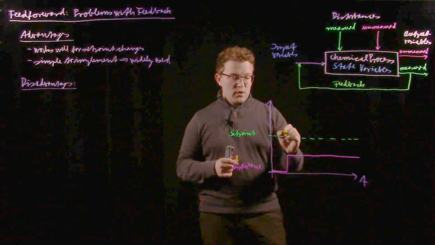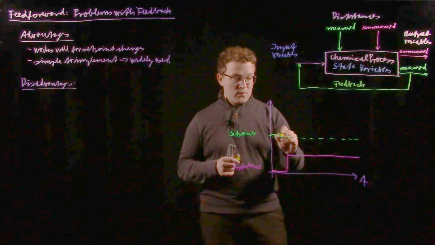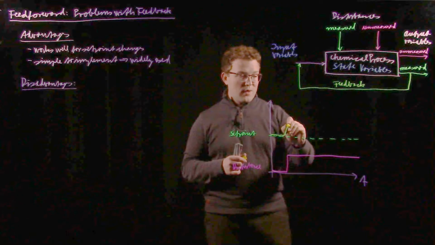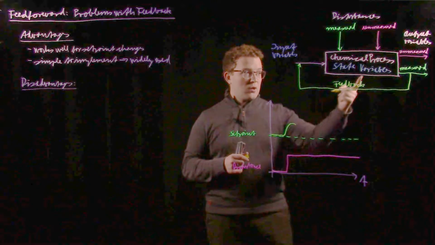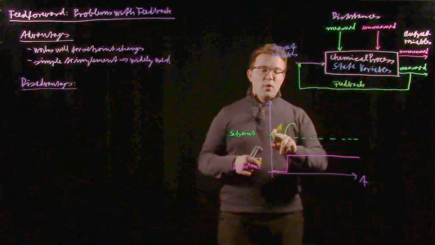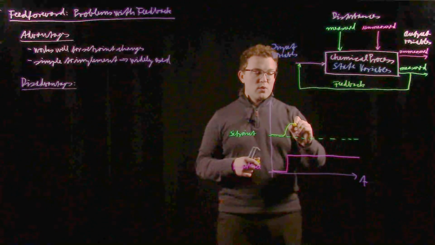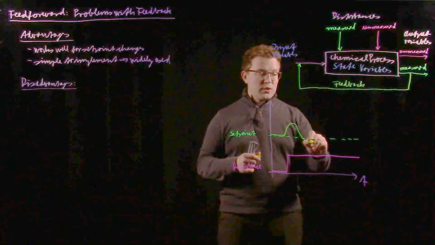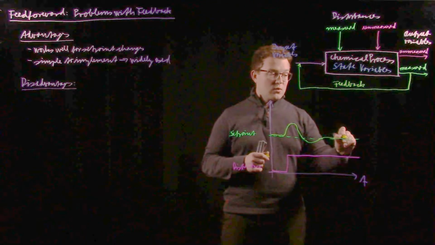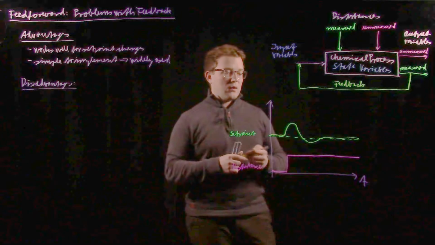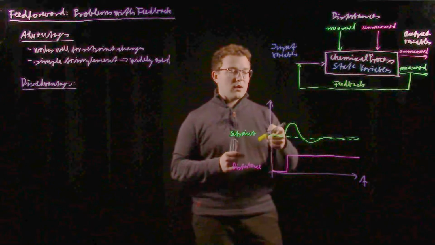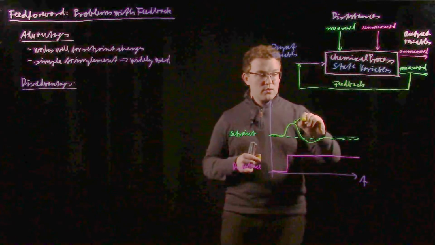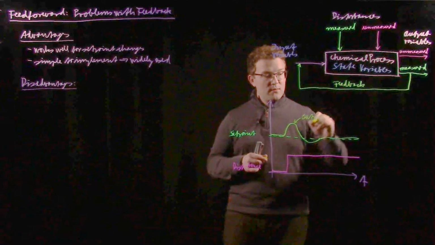At the beginning it would be at our set point, and then when the disturbance starts, it would go up in value, then the feedback control would realize, oh no, we are leaving our set point, and then it would correct the system. Then it might be a little bit overshooting, and then you would have a system which is again near our target value, so near our set point. So this one here is the output of our system.